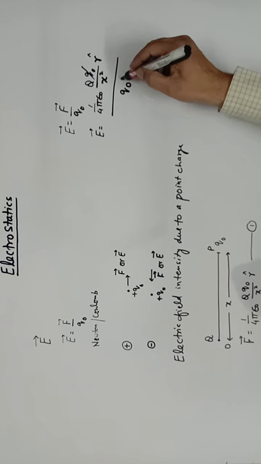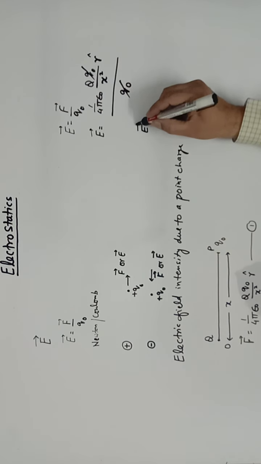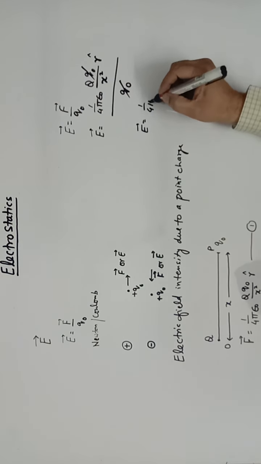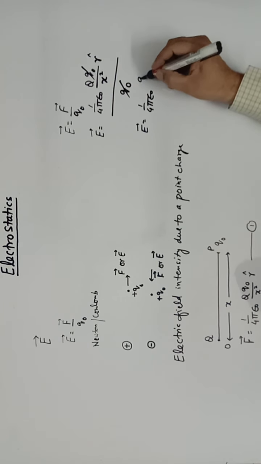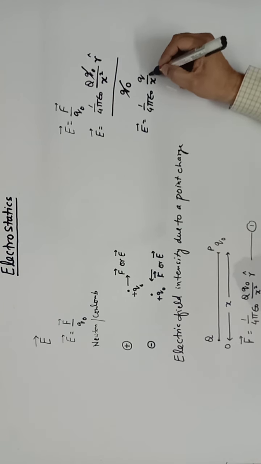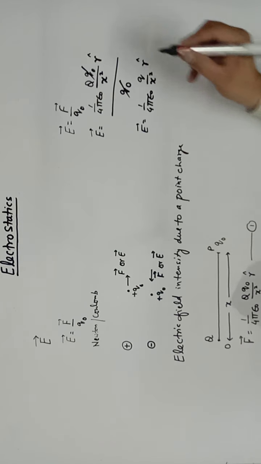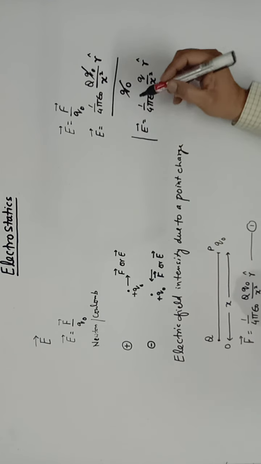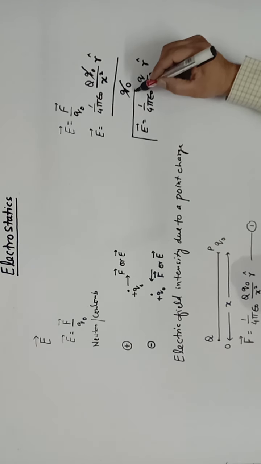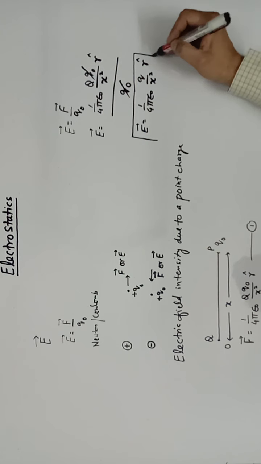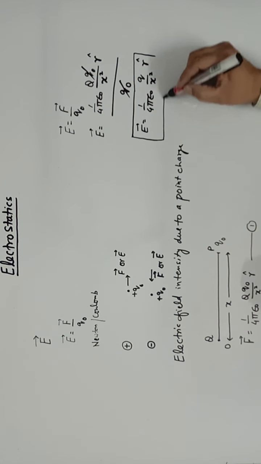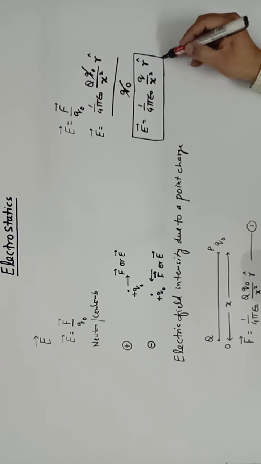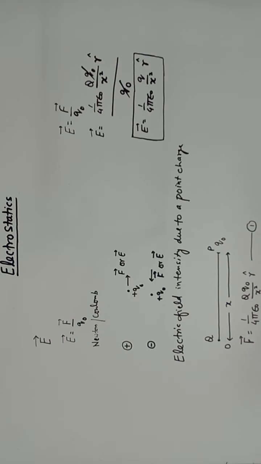Q naught will cancel out. The value of E is 1 upon 4 pi epsilon naught, Q upon x square r cap. So this is the formula for the electric field intensity due to a point charge at a point P, distance x from O.